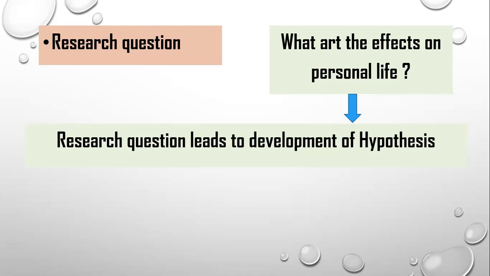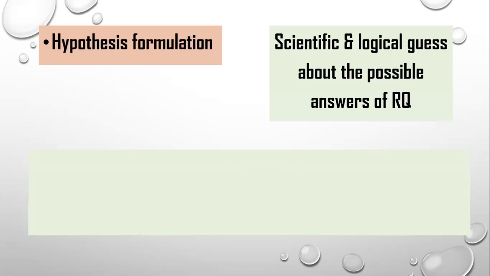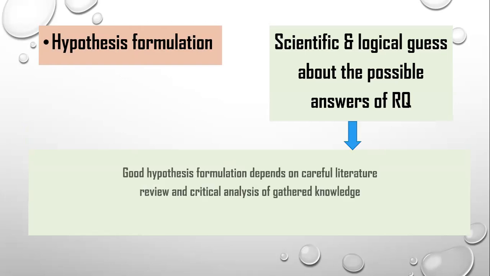The research question leads the researcher to the literature review, and going through the literature review, he or she has some assumption or logical guess about the possible answer to his or her question. So the research question leads to the development of a hypothesis. What is a hypothesis? A hypothesis is a scientific and logical guess about the possible answers to the research question.